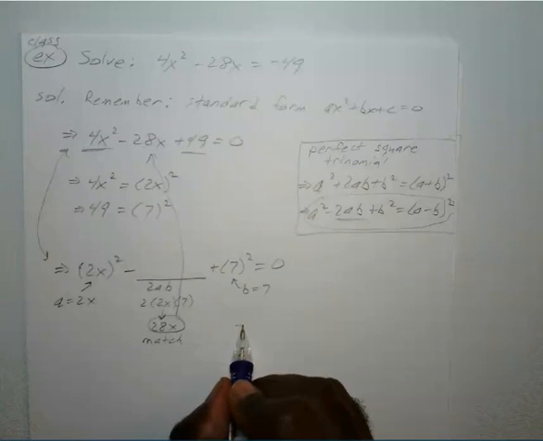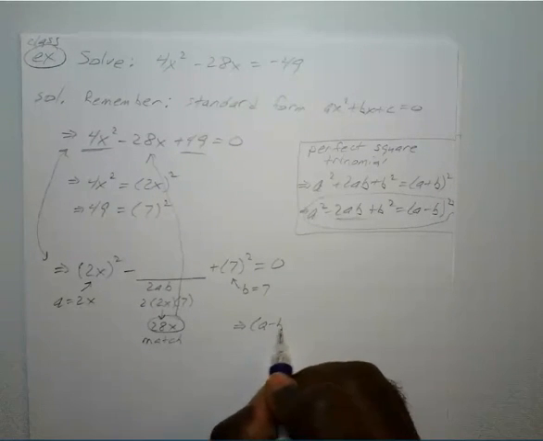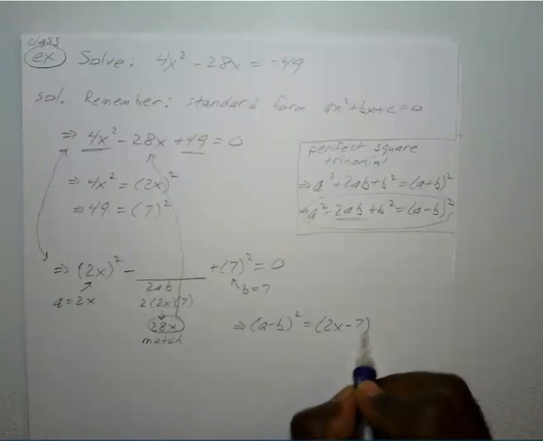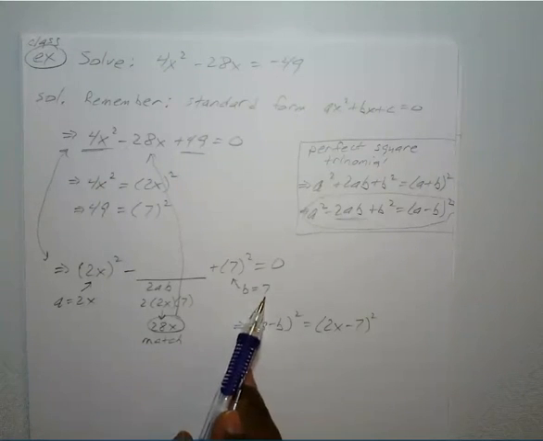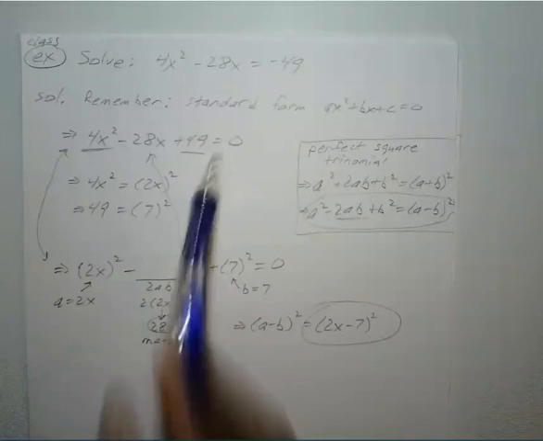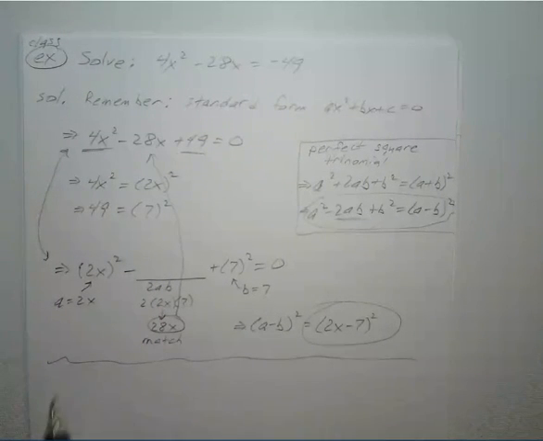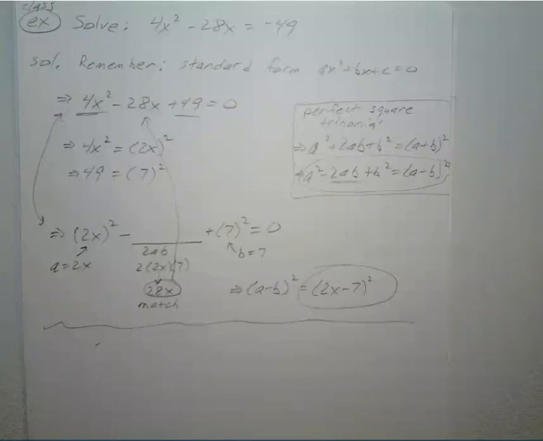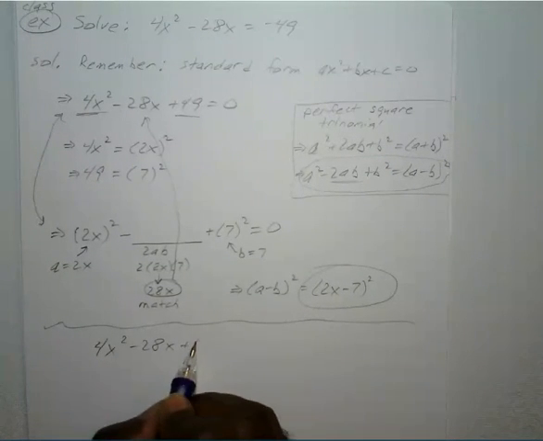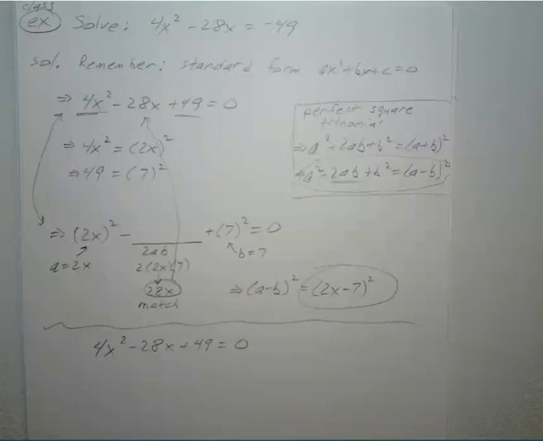So all we have to do, since those match up, is our a minus b squared is just equal to 2x minus 7 squared, since our a is 2x and our b is 7. Now, let me break down each step to make sure I didn't lose anyone. 4x squared minus 28x plus 49 equals 0.